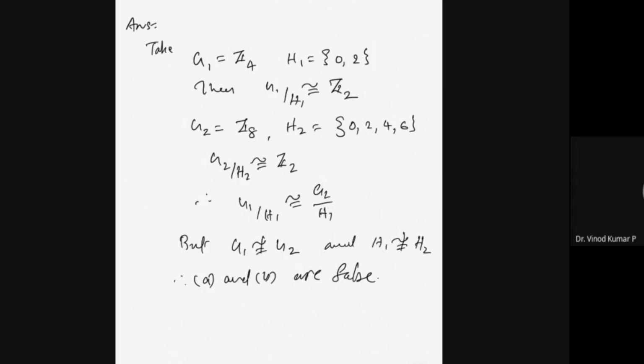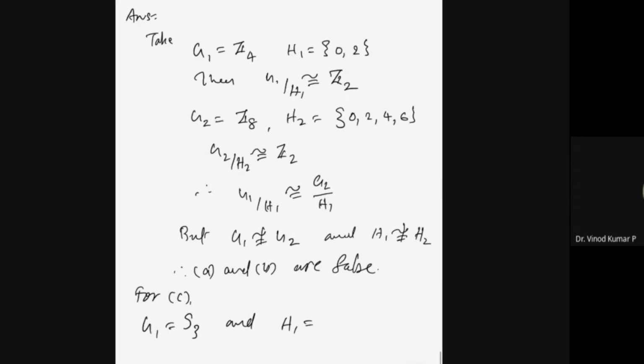One person answered that it is false for A and B by taking G1 equal to S3, H1 equal to A3, etc. So for C also you take the same example that Vishwajit Ganguly gave. You take G1 to be S3 and H1 to be A3.